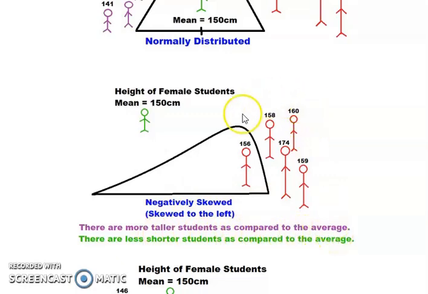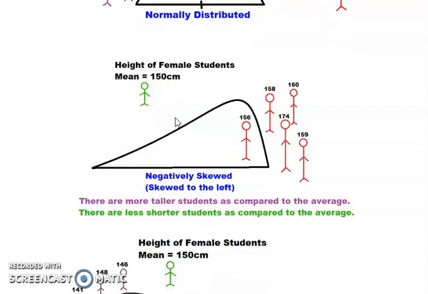Those who are taller than 150 cm are more than the average. Or we can also conclude that there are fewer shorter students compared to the average of 150 cm.